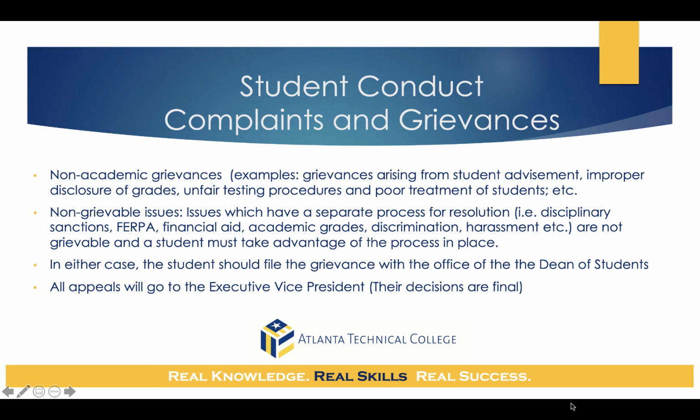In either case, the student is going to file the grievance with my office, and we'll provide advisement on how to best proceed, with the exception of obviously the disciplinary issues that arise, which you'll be providing. If there are any appeals for any decision that comes from myself, or as you're going to see from the academic deans regarding academic grievances, those will go to the executive vice president, and her decision is final.